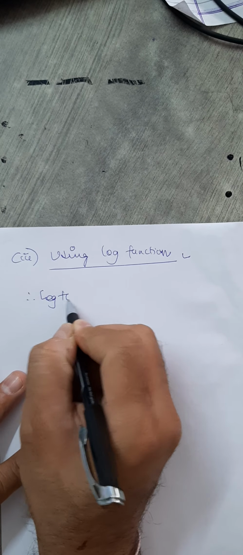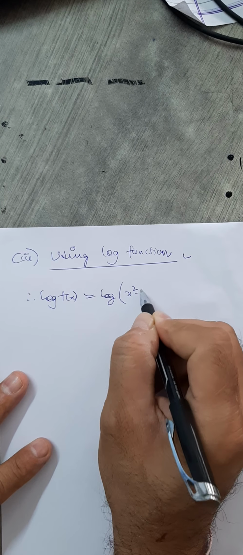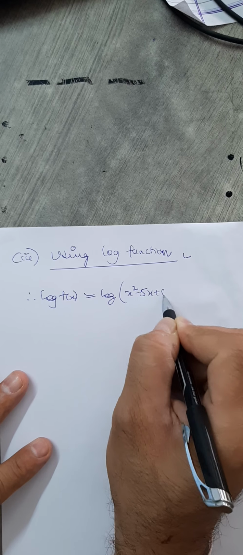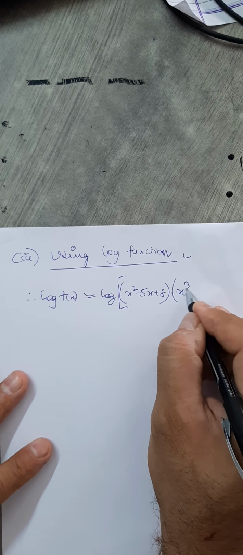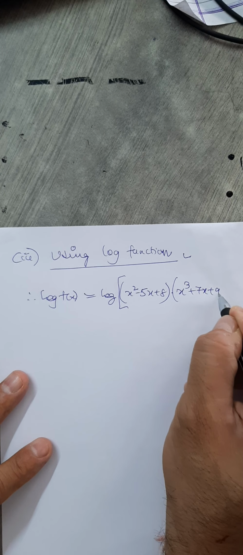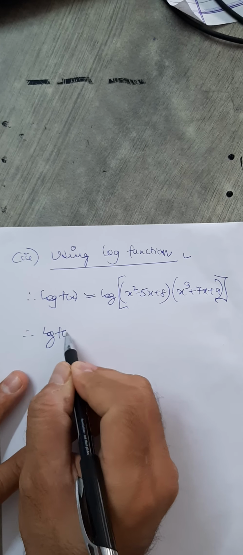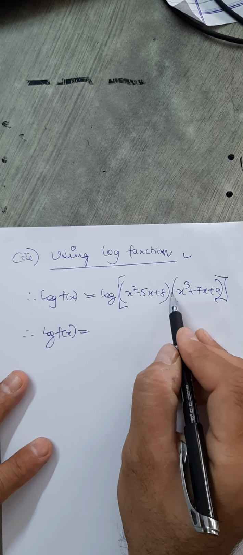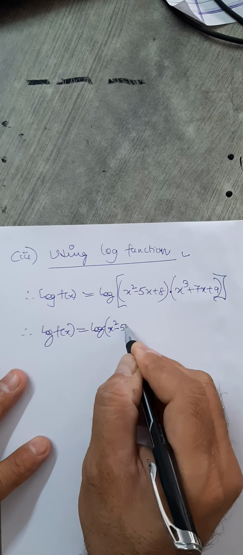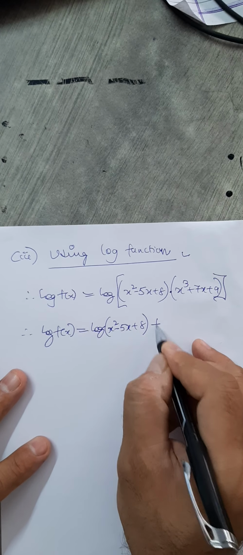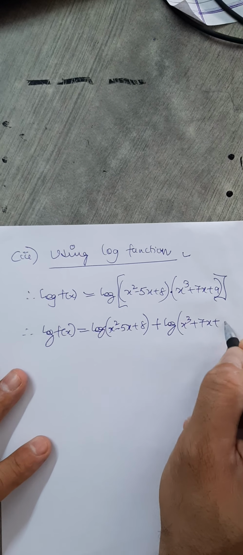So log of f(x) equals log of x squared minus 5x plus 8 into x cubed plus 7x plus 9. So this is as it is here, log of f(x). What happens here? Into becomes addition. So log of x squared minus 5x plus 8 plus log of x cubed plus 7x plus 9.